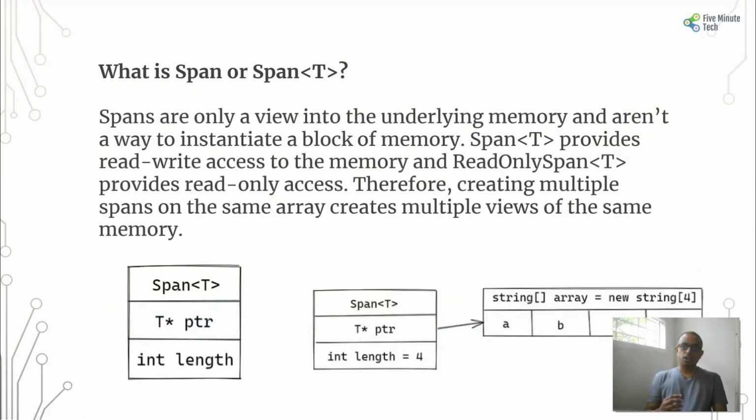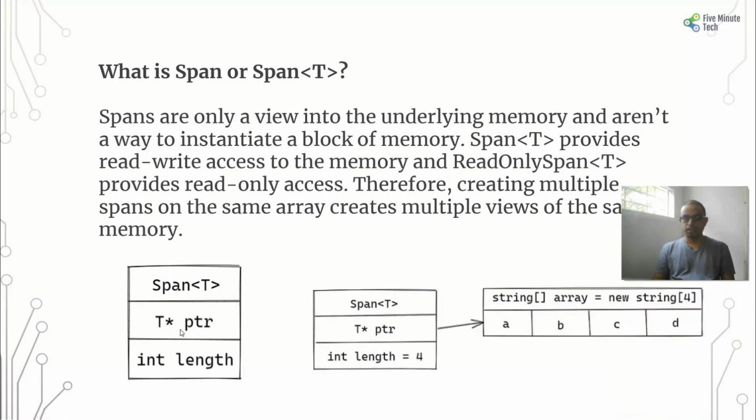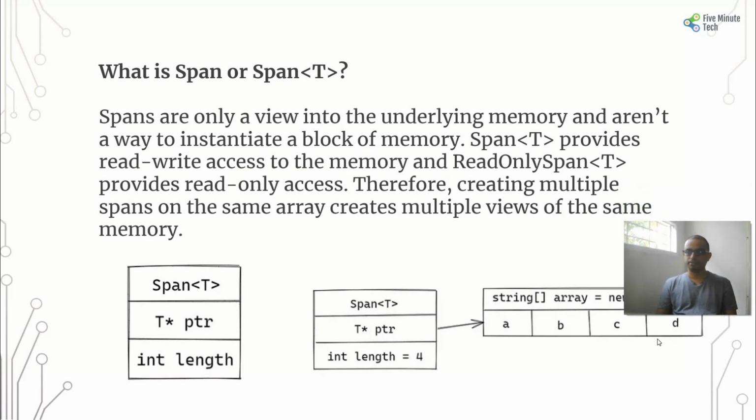Again, Spans are only a view into underlying memory and aren't a way to instantiate a block of memory. Okay, so it is just a pointer to the underlying memory. Span of T provides read-write access to the memory, and ReadOnlySpan provides read-only access to the memory. Therefore, creating multiple Spans on the same array creates multiple views of the same memory, as I have illustrated here. So it has a T pointer, int length, Span of T, and the length will be 4, and it will point to a string, whichever you're declaring.